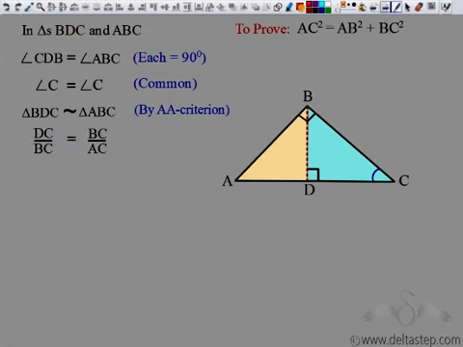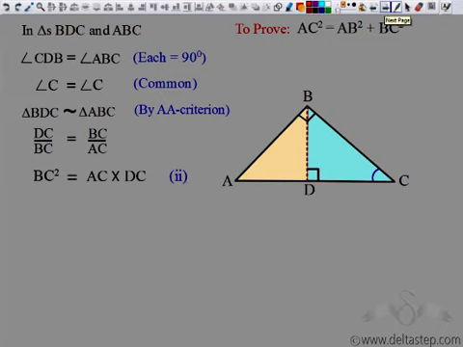Now if I cross multiply, what would I get? BC into BC would be BC square. This would be equal to DC into AC. So I get BC square is AC into DC. Now let's call this number 2.